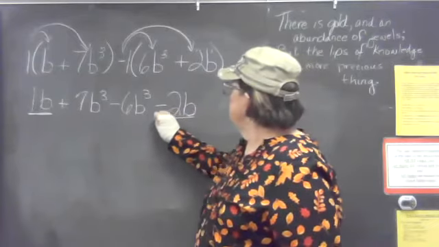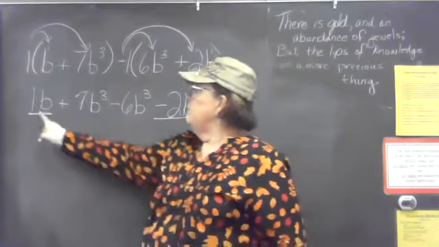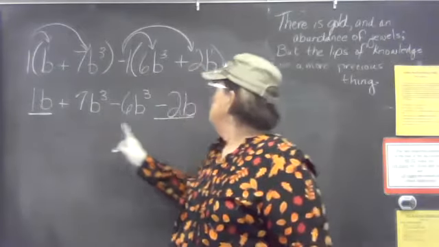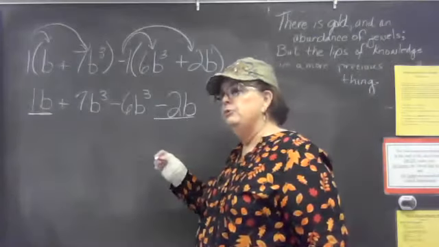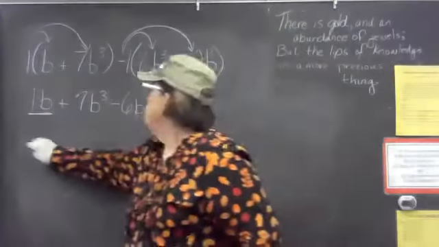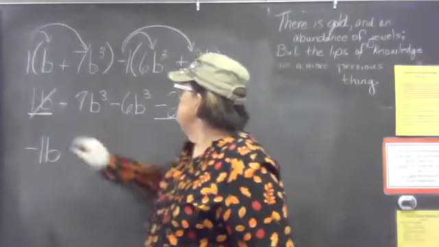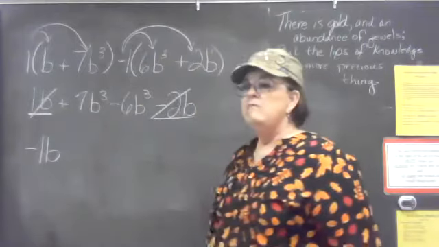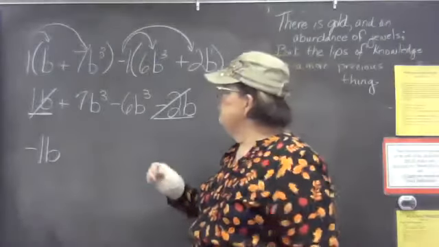Remember to use the sign with it, a -2. So now I have one of these minus two of them. What's 1 minus 2? -1. So I have a -1b because I put these together, and I'm finished with that. Then I look for the next term.